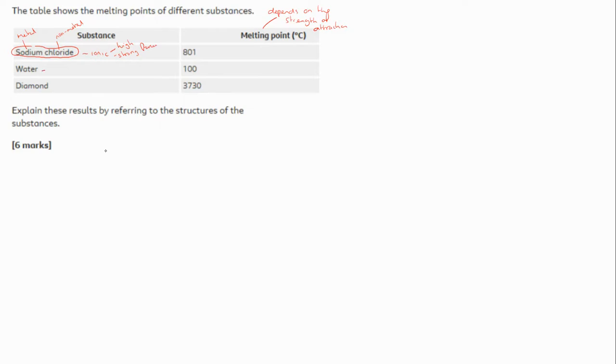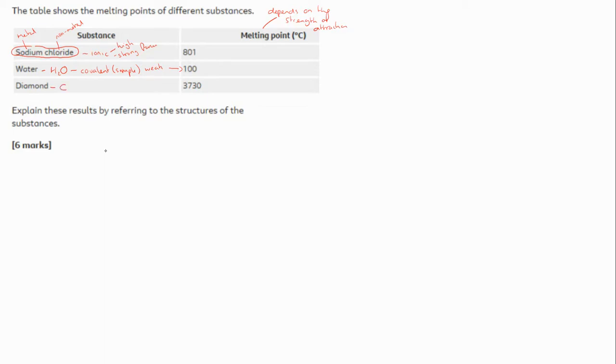Water's H2O. Both hydrogen and oxygen are non-metals. So this is covalent, and it's simple covalent, which means you've got small molecules and weak forces between them, which is why we've got a relatively low melting point here. And then diamond is an allotrope of carbon.